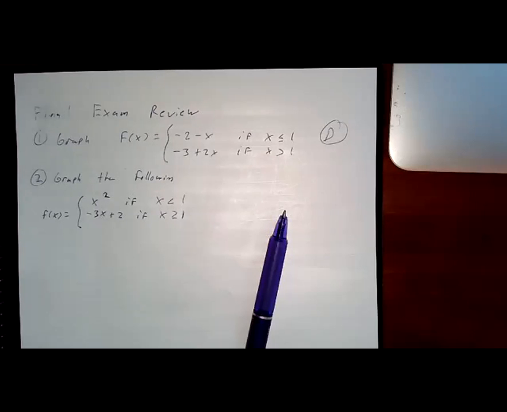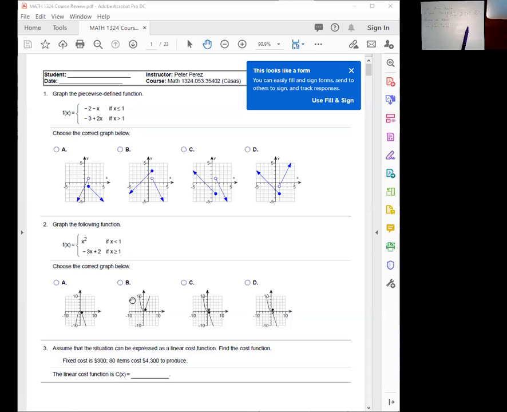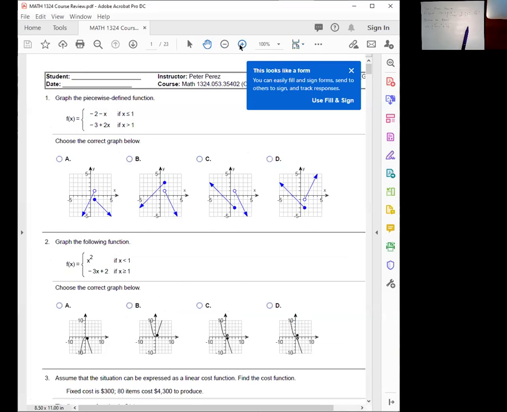Okay, so let's look at the options here. There's a parabola, so it should be C or D for sure, right? These don't make sense. So now I have to decide, is it an open circle? It's kind of hard to see. Let's zoom in a bit.